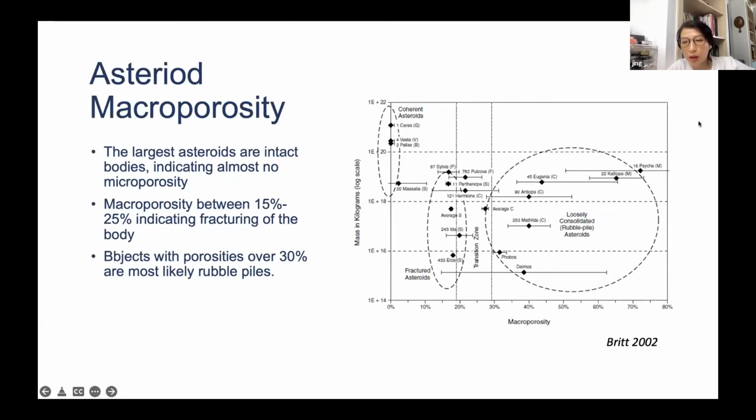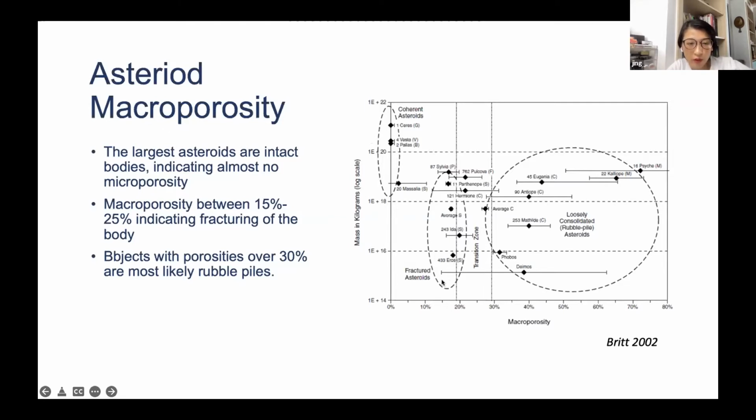There are some past studies on the macroporosity of asteroids. We can see they are grouped into 3 groups. The first one: the largest asteroids are intact bodies. The y-axis is the mass, the x-axis is the macroporosity, indicating almost no macroporosity.